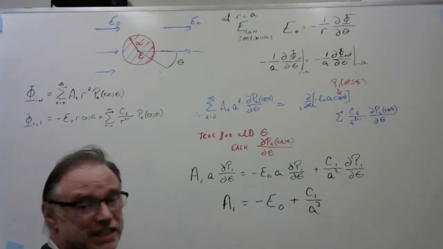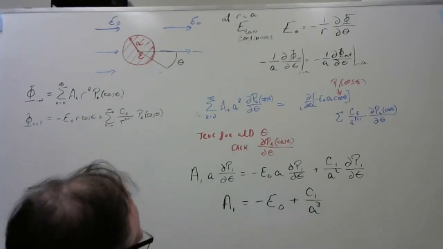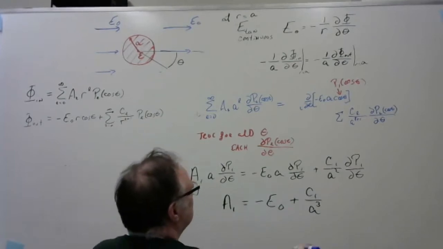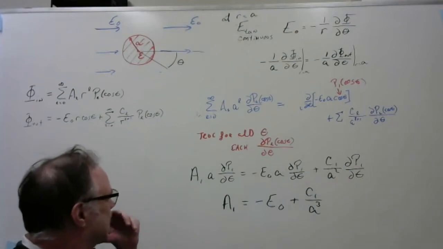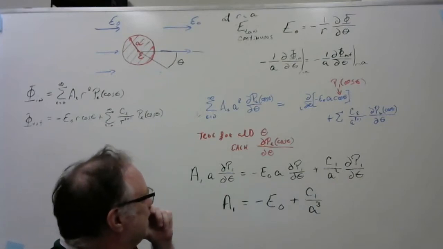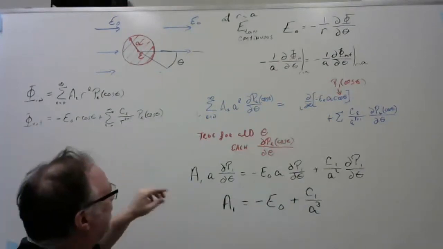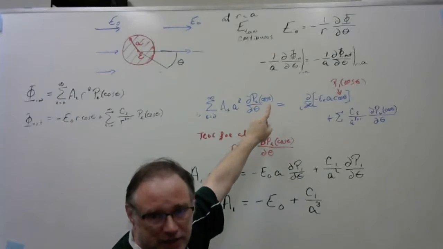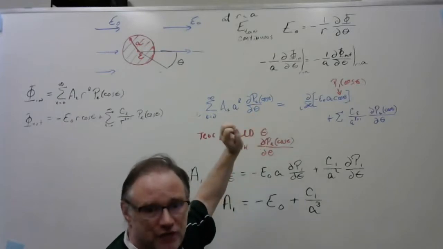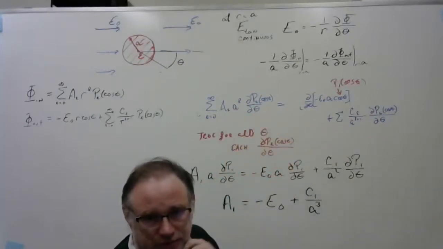Dr. Collins? Yes. So you're setting the summation of A sub L times little a to the L, take the derivative of PL cosine theta, and you set that equal to the derivative in terms of theta negative. In other words, since all of these L functions are linearly independent of each other, the coefficient of each of these derivatives must be the same on both sides of the equation.